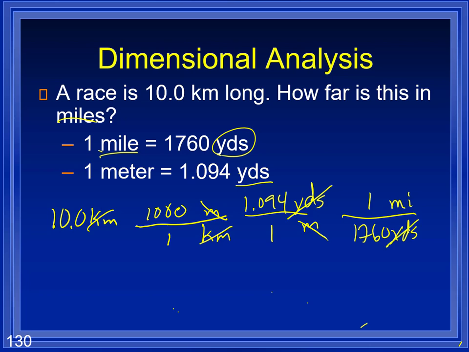So I just have to push buttons on my calculator. I'm going to push the 10. The 1,000's on top, so I'm going to push times 1,000. The 1.094 is on top, so I'm going to push times 1.094. And the 1760 is on the bottom, so I'm going to divide by 1760.